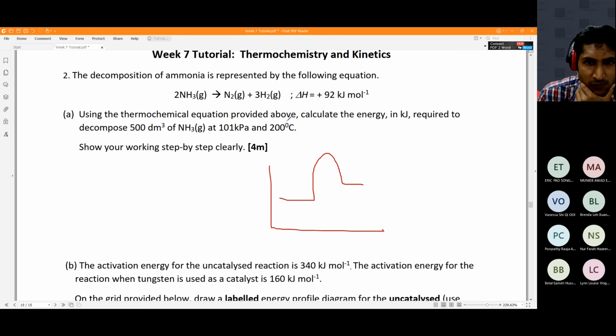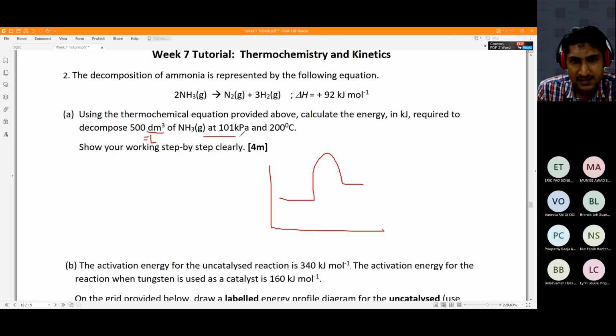Decimeter cube is equal to liter, yeah, of ammonia at 101 kilopascal and 200 degrees centigrade.